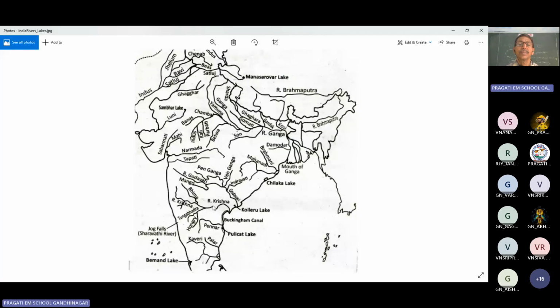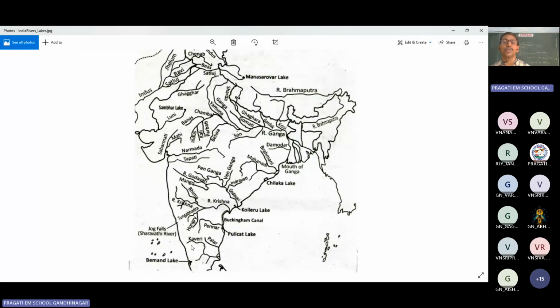On the Krishna, the Nagarjuna Sagar project was built, as well as the Srisailam Dam. Here Penna River and down Kaveri River. Kaveri River is shared by Karnataka, Tamil Nadu, as well as Kerala. The people of Kerala, Tamil Nadu, and Karnataka are sharing the benefits of the Kaveri River.